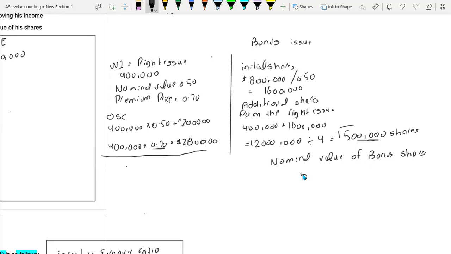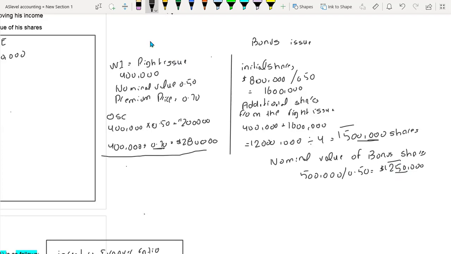So 500,000 bonus shares multiplied by 0.50, which was the nominal value of our ordinary shares. This is the amount, which is $250,000. So this amount we have to deduct as a bonus issue.